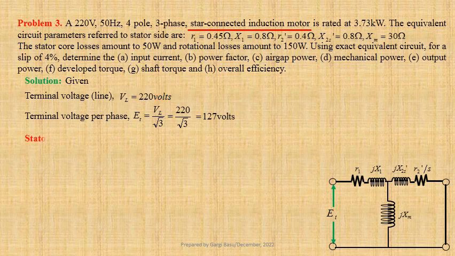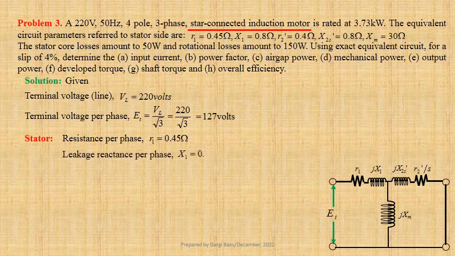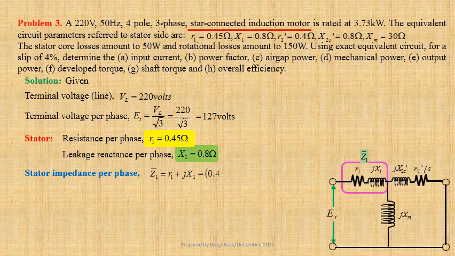For stator winding, given resistance per phase R1 equals 0.45 ohm and leakage reactance per phase X1 equals 0.8 ohm. Expression for stator impedance per phase Z1 equals R1 plus jX1 equals 0.45 plus j times 0.8 ohm.